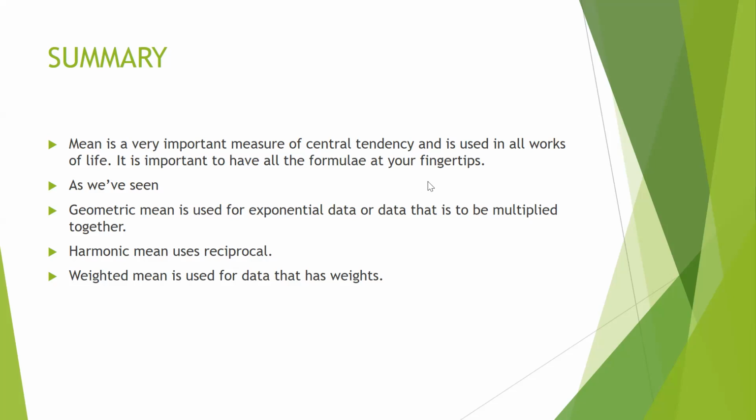It is important to have all the formulas at your fingertips. Also, geometric mean is used for exponential data that is multiplied together, as you saw in the formula. Harmonic mean uses reciprocals, while weighted mean is used for data that has weights. So whenever you see weights in a question, you will note that you use weighted mean. If you see exponential data, you use geometric mean.